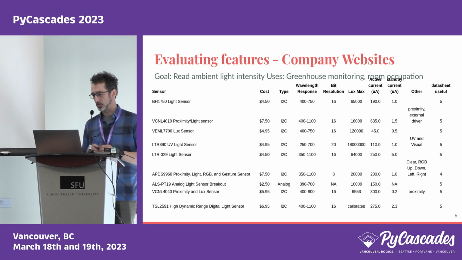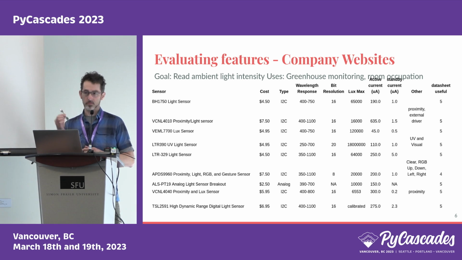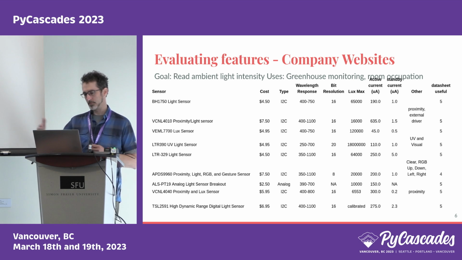They were all pretty similar there. The active current, if you wanted to run this on a battery, you should think about how much power it's consuming. And there were a couple that seemed pretty high, and I moved away from those. So eventually I chose the TSL2591, which is at the bottom of the list. It's $6.95 on the breakout board, and it would be less if you bought it on a ribbon and were making the boards yourself.